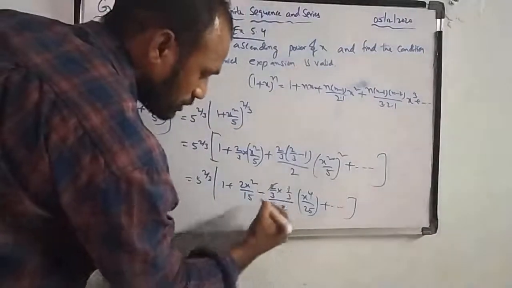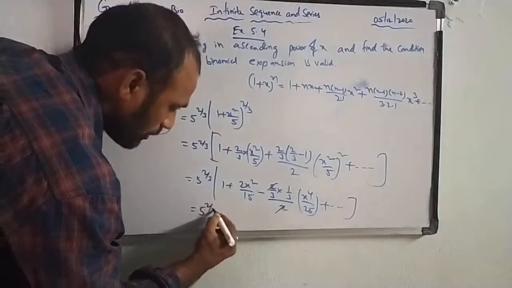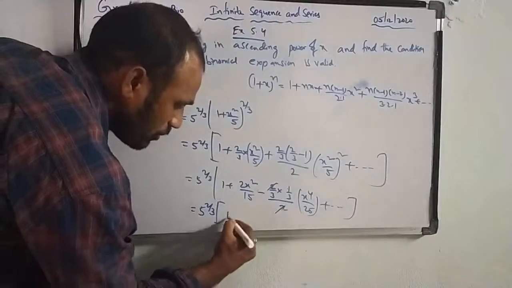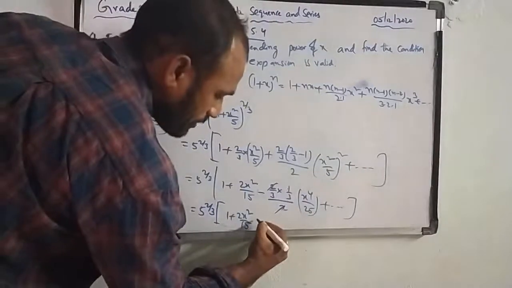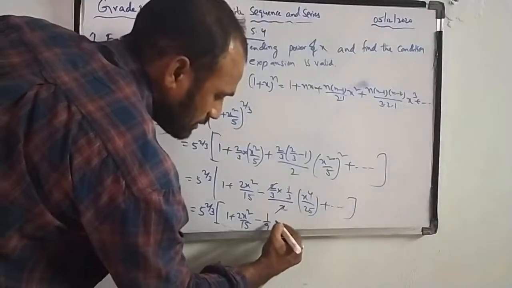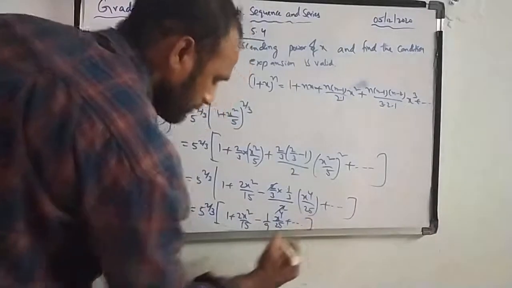So these 2 and 2 get cancelled. So it can be given as 5 to the power of 2 by 3 into 1 plus 2x square by 15 minus 1 by 9 into x power 4 by 25 plus so on.